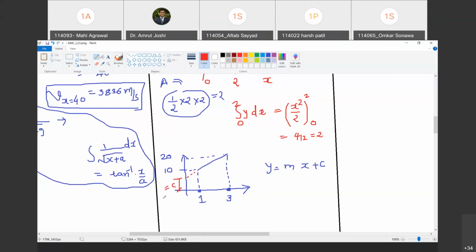It must be 15. Look, this distance is 1, right? So it should be 5.